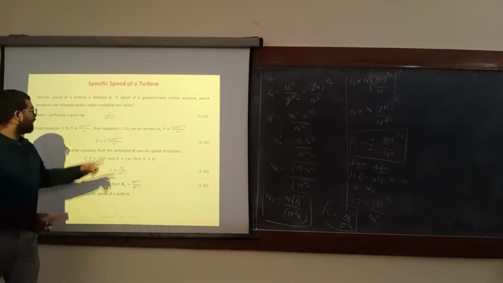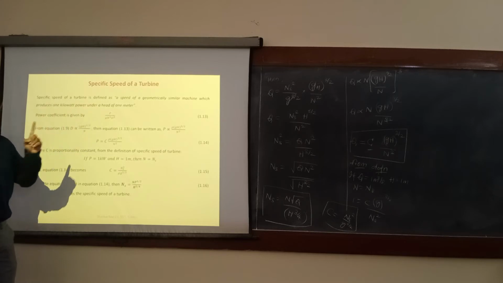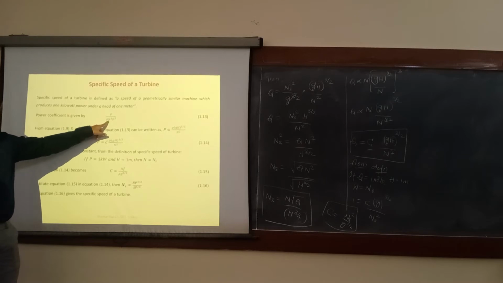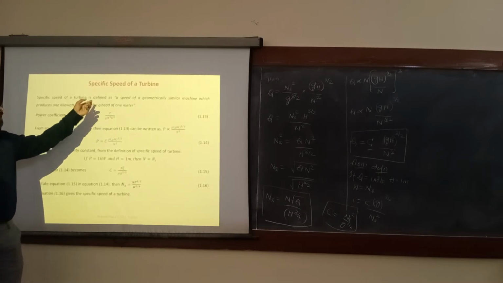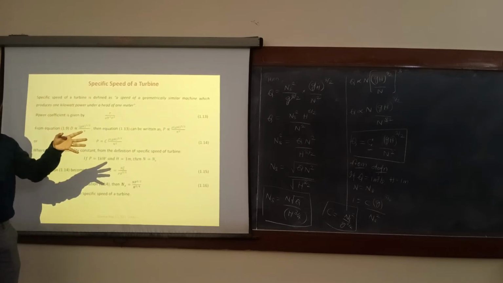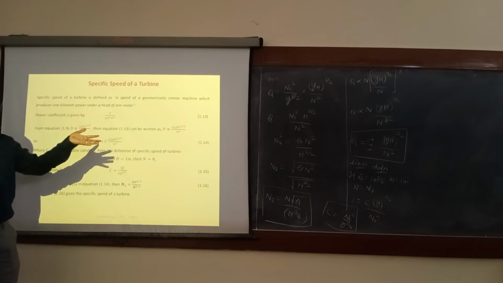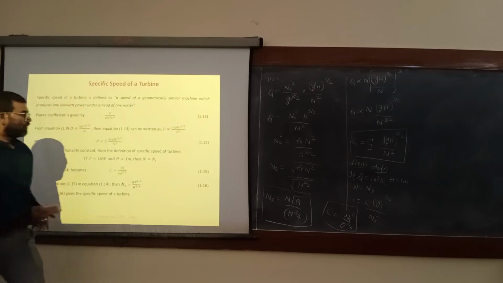Here the specific speed of a turbine is expressed in terms of power, so we need to consider the power quotient. To derive the expression for the specific speed of a pump, we considered the flow quotient, because it is expressed in terms of discharge.